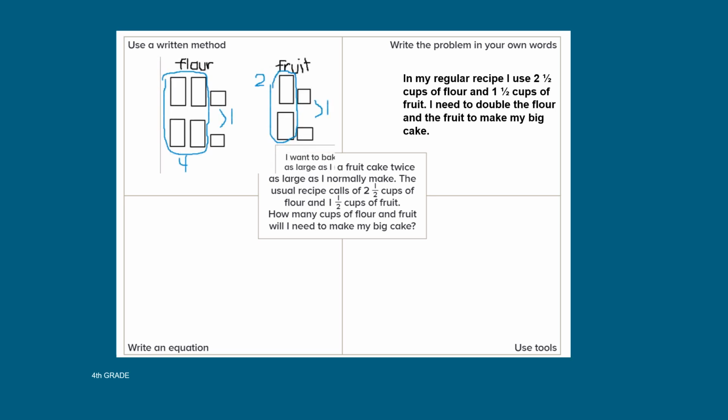I can see when I do this that I have 4 whole cups of flour and a ½ and a ½, which make 1 other whole cup of flour, and that I have 2 whole cups of fruit and another ½ plus a ½ gives me 1 more. That means that I will need 8 whole cups.